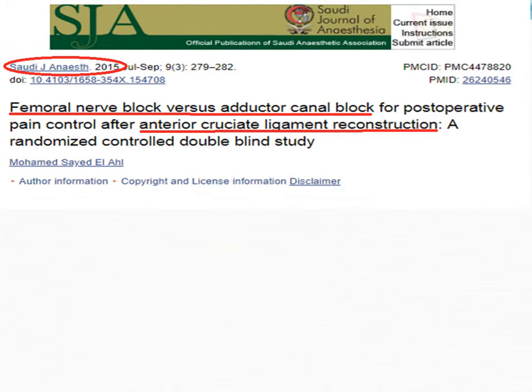So, femoral nerve block versus adductor canal block. In which surgery? In anterior cruciate ligament reconstruction. Two studies came from Arabic researchers. The first one is an assistant professor at Ain Shams University, a very good researcher, Muhammad Said Al-Ahl, and he's working in Emirates.